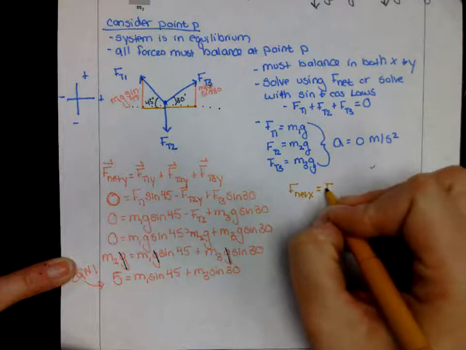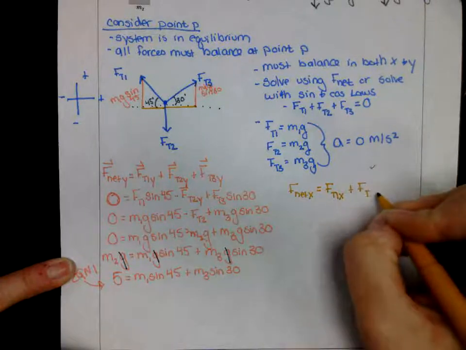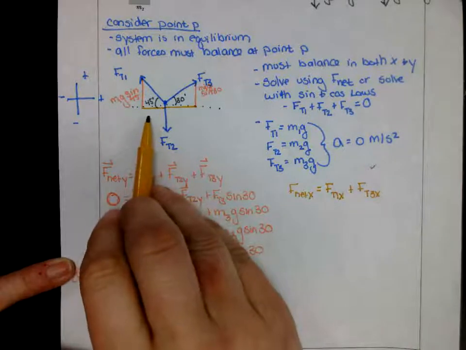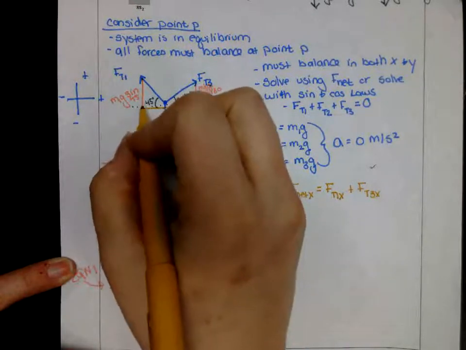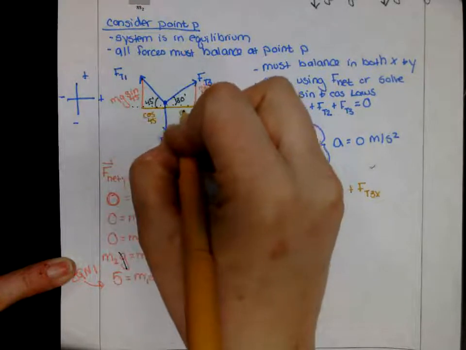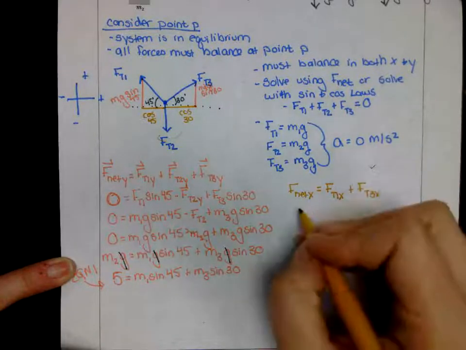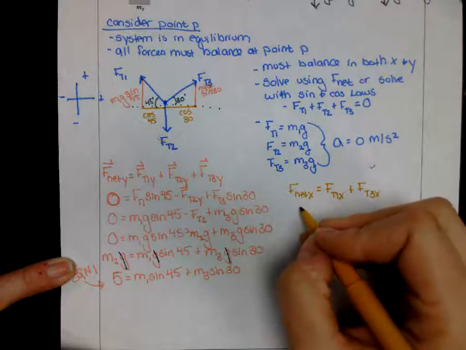So we've got the force of T1x plus the force of T3x. I didn't include T2x because it doesn't have any x components. It only has a y component. This is going to be cosine of 45 and cosine of 30. I said my net force is 0. It's an equilibrium.